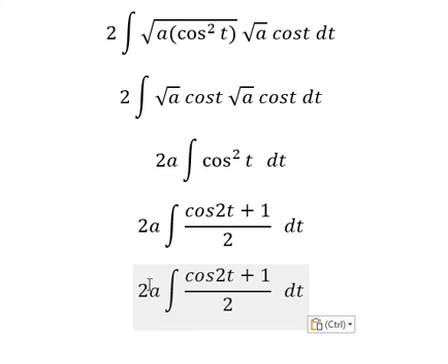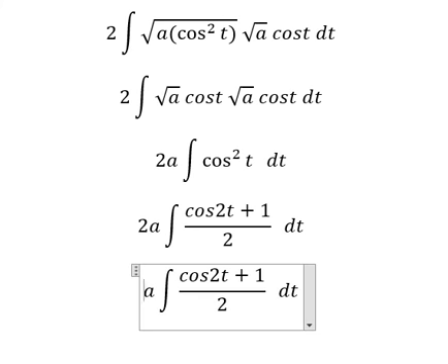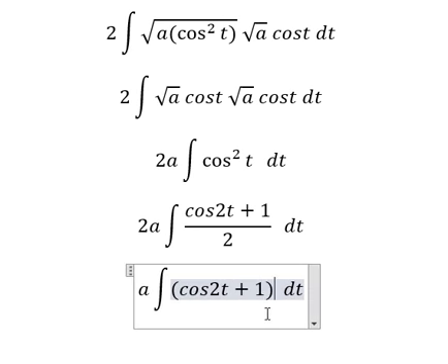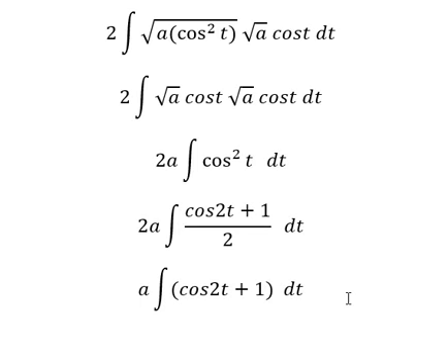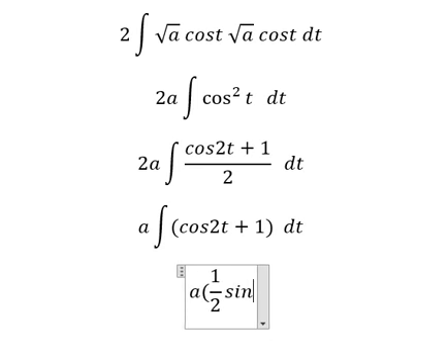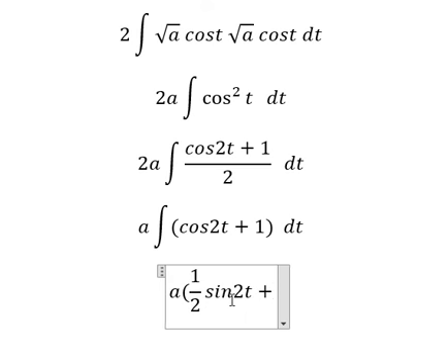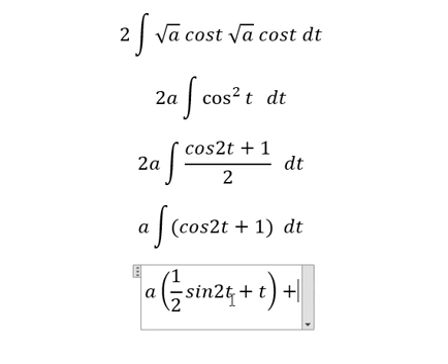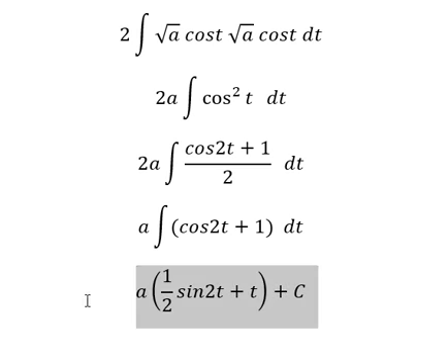So number 2 and number 2 we simplify. The integration of cosine 2t, we have 1 over 2 sine 2t. Number 1, that is about t. And I will put c.